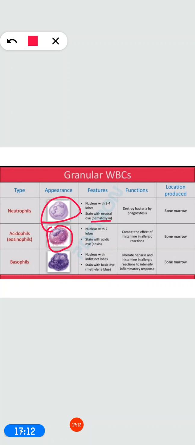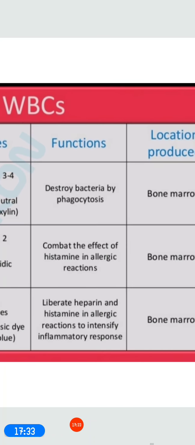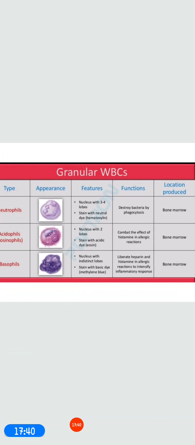And the basophils is there and the features are nucleus with indistinct lobes and stain with the basic dye known as methylene blue. The function is to liberate heparin and histamine in allergic reaction to intensify inflammatory response and the location produced is bone marrow.